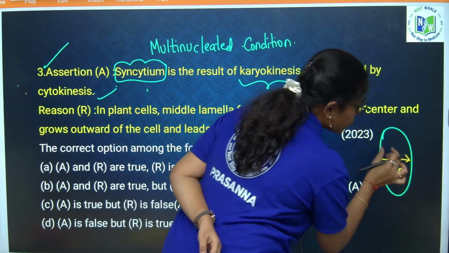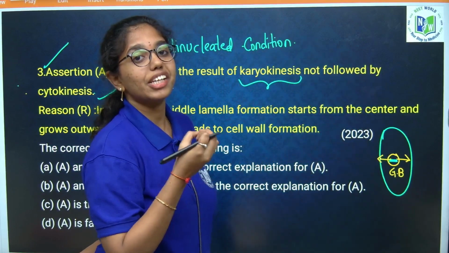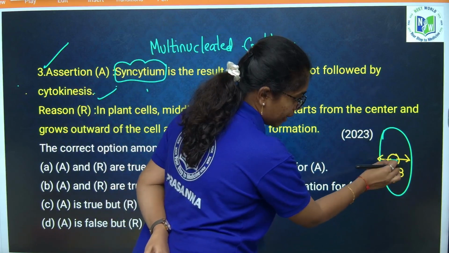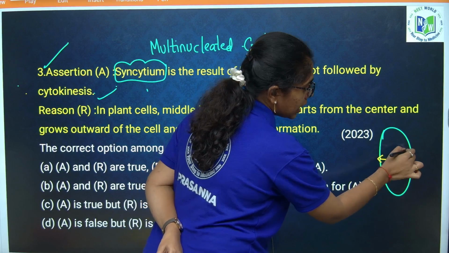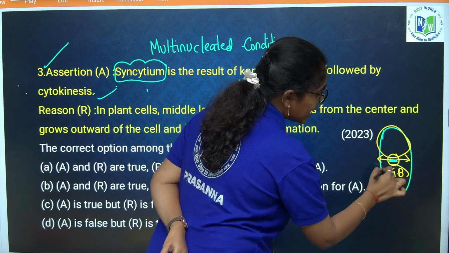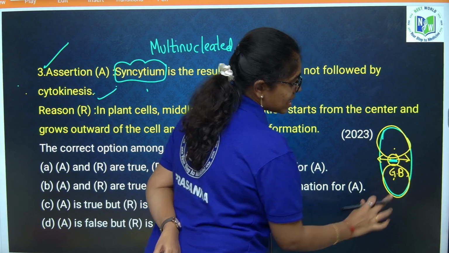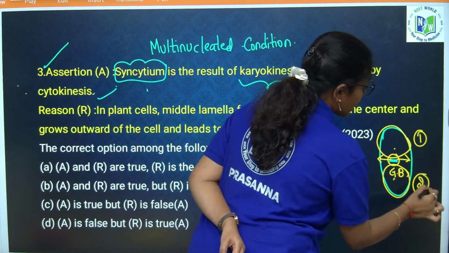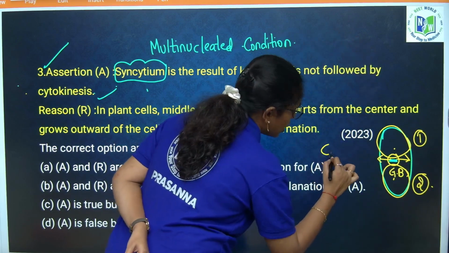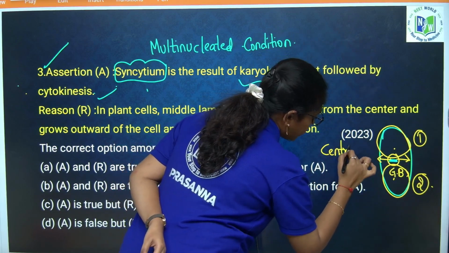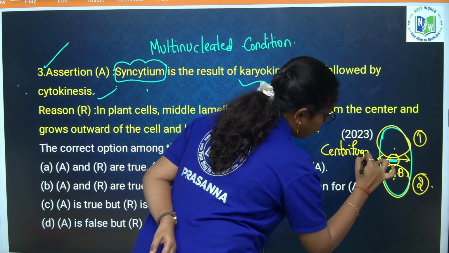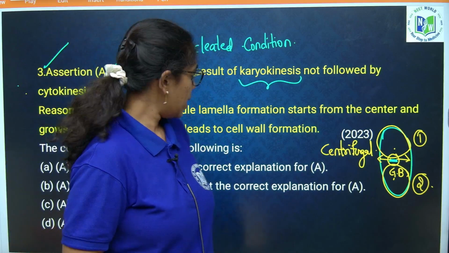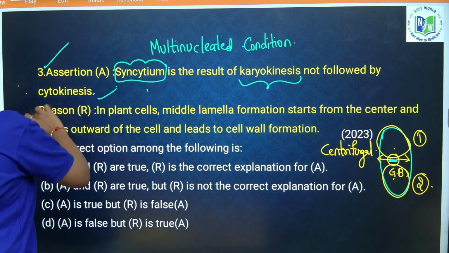It is formed at the center because of the secretion of the Golgi apparatus. This turns into the cell plate and moves outwards, and that is how the cytoplasm of the cell is separated, forming two cells. This pattern of cell division is called the centrifugal mode of cell division. What is it called, beta? Centrifugal mode of cell division. So yes, this is also true.